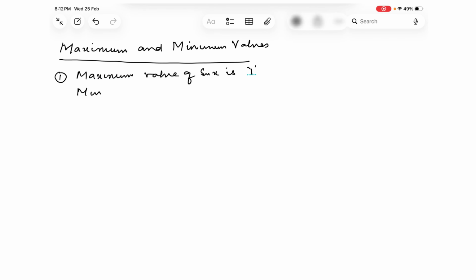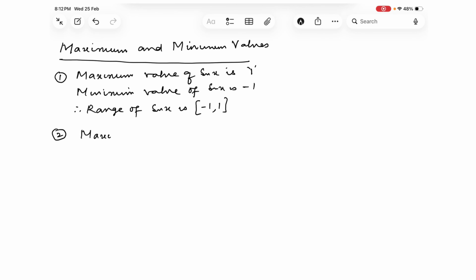Minimum value of sin x is minus 1. Therefore, the range of sin x is the closed interval minus 1 to plus 1.